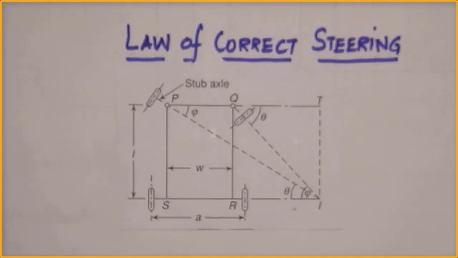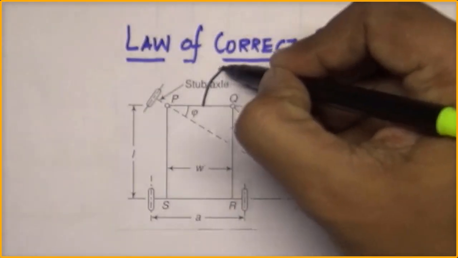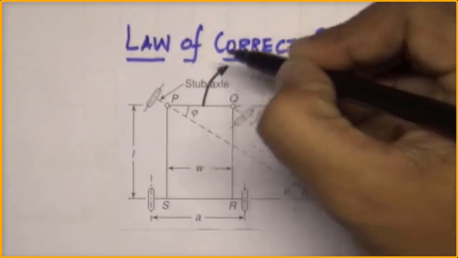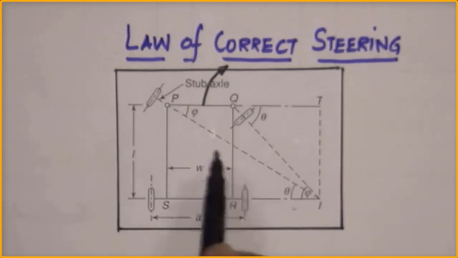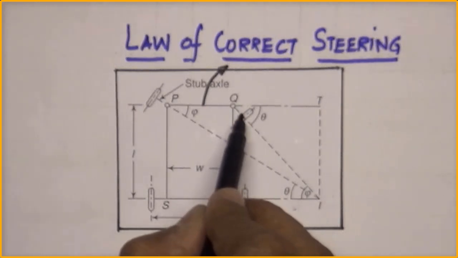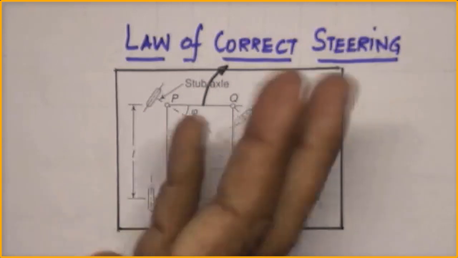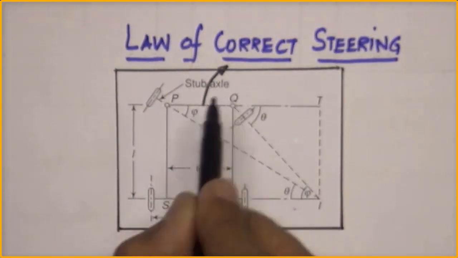These are all fixed. Now, if while taking a turn, we want the vehicle to take a perfect right turn in this case, notice that the inner stub axle passing through Q, and therefore the inner wheel, will turn more at an angle theta with respect to the front axle PQ.